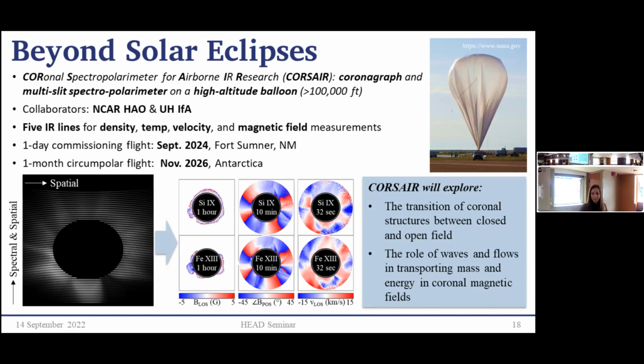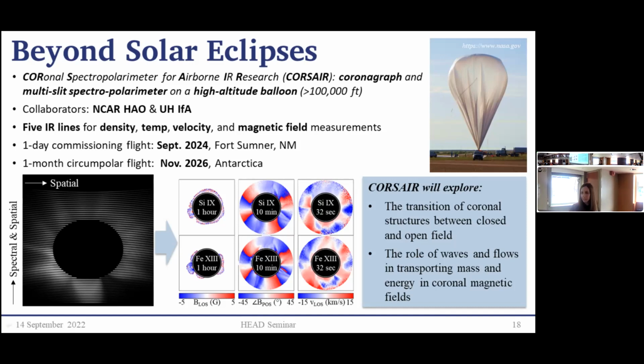In this case, instead of surveying a large IR range to just see what's in there as far as emission lines go, we've carefully chosen 5 infrared lines that can give us very specific information on density, temperature, line-of-sight velocity, and magnetic fields at different temperatures, so tracing out different temperature structures.